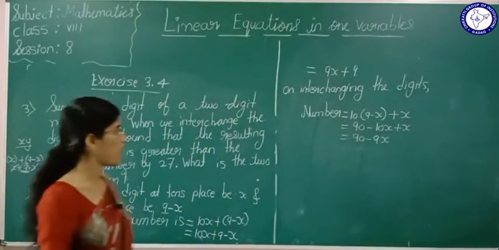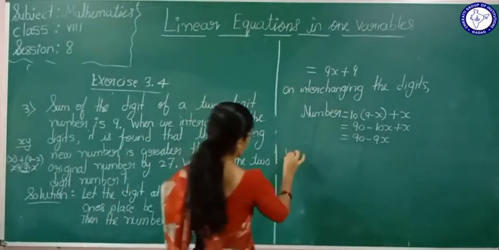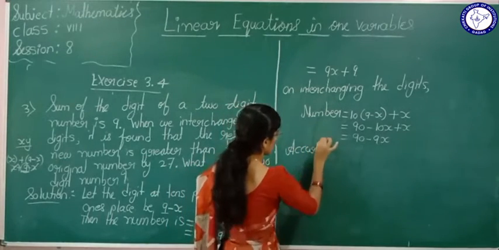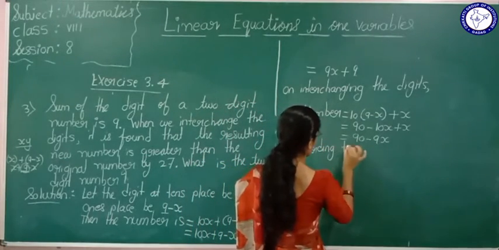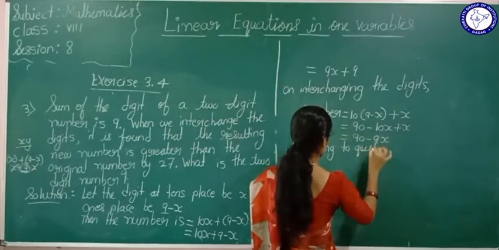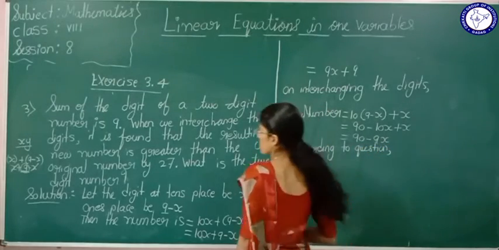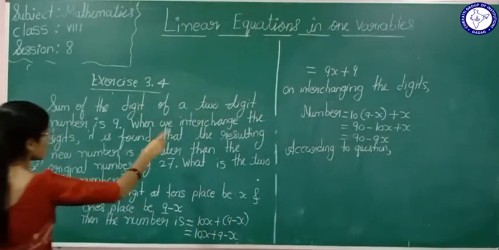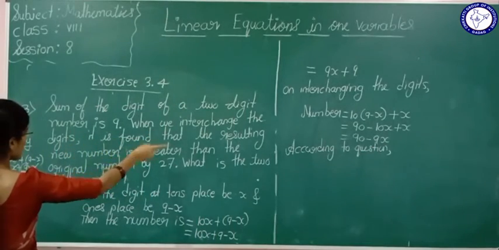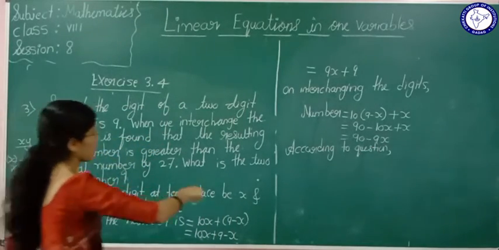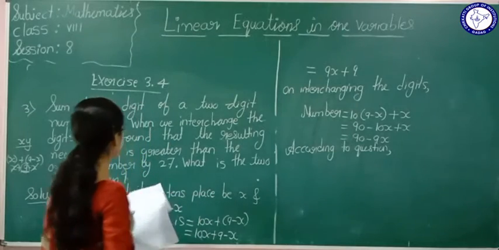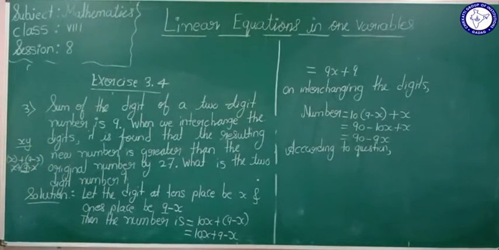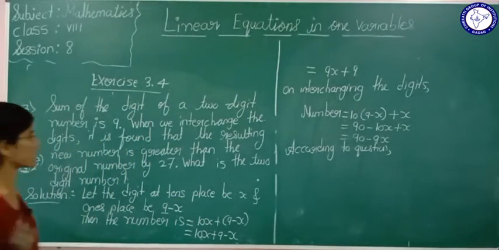Now according to the question, when we interchange the digits, the resulting new number is greater than the original number by 27.